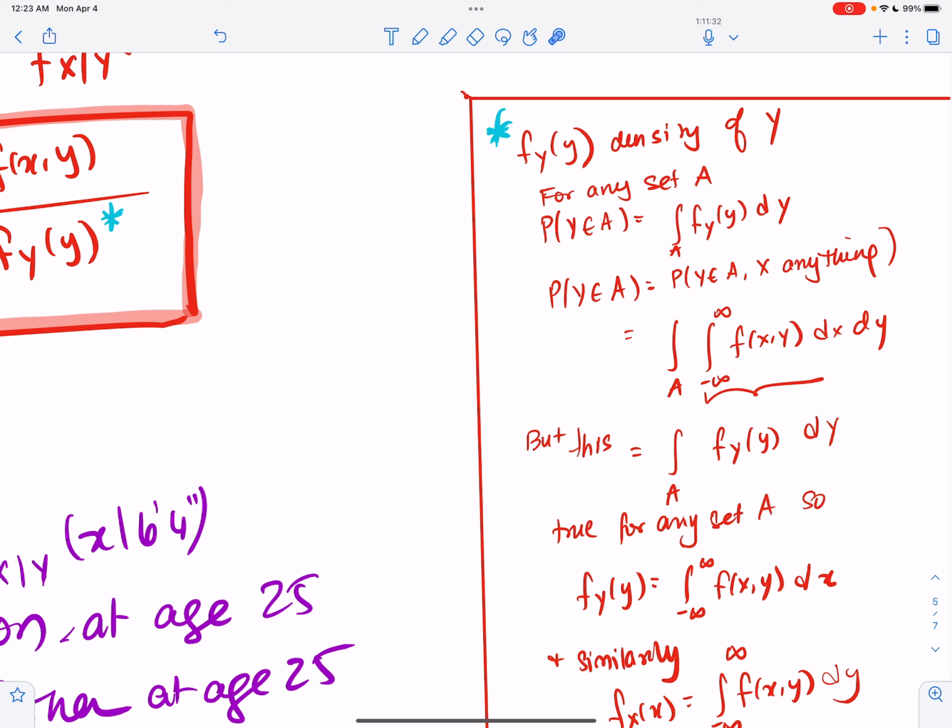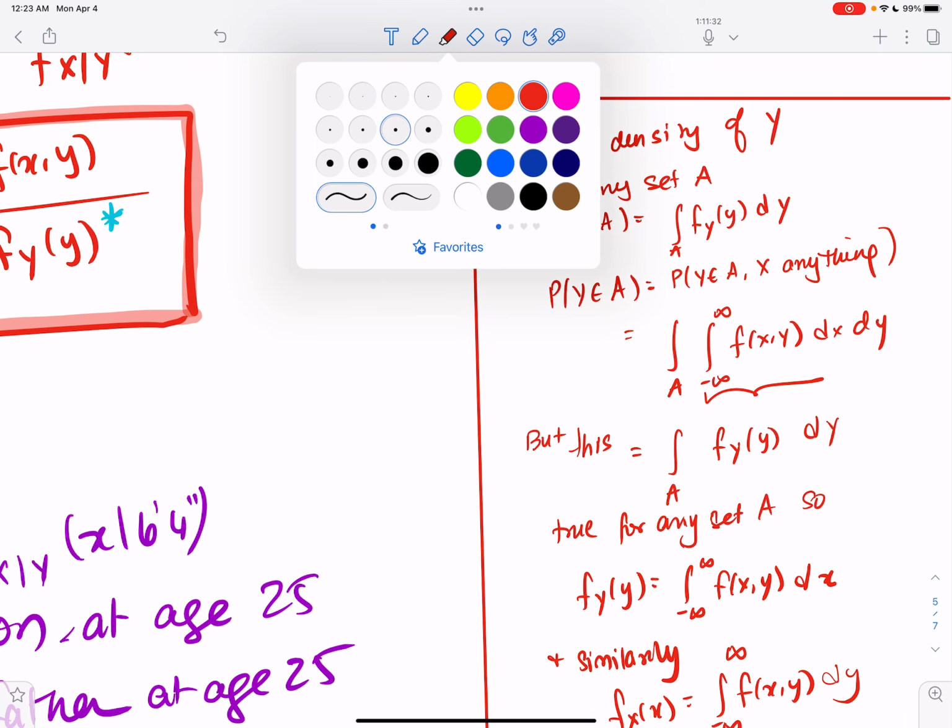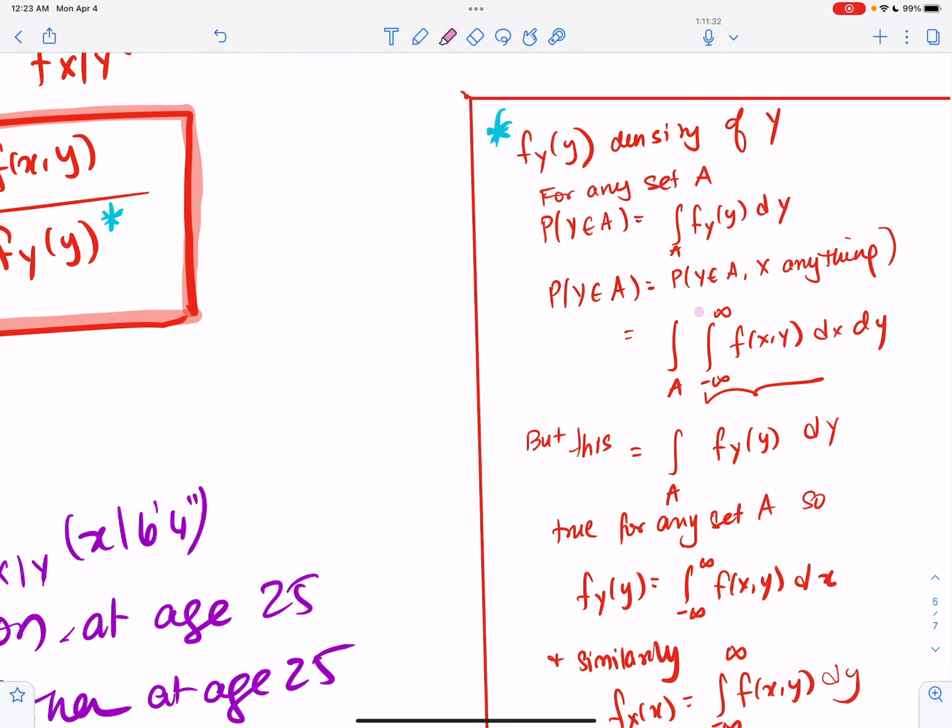So now let's look at this. This probability y is in A comes from this. That is the function. When you integrate out the x, there'll just be the variable y, as you know from Calc 3.